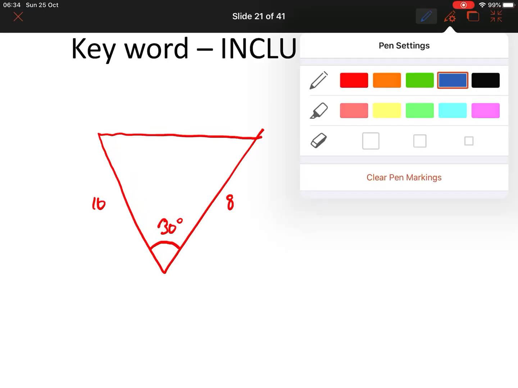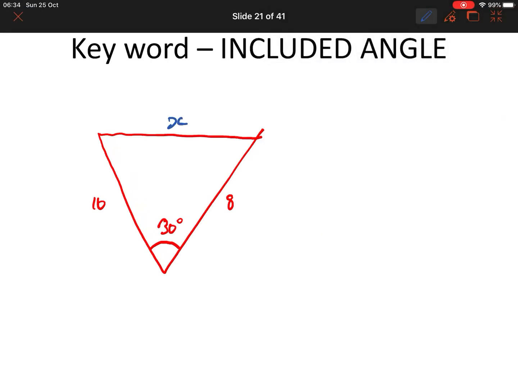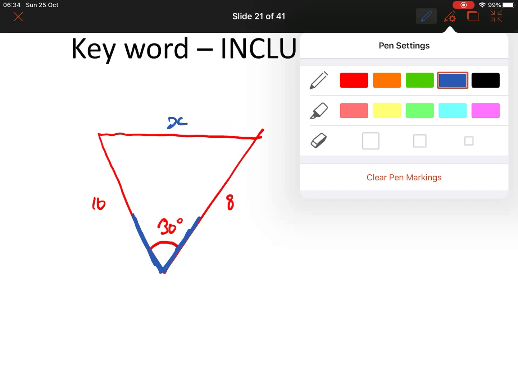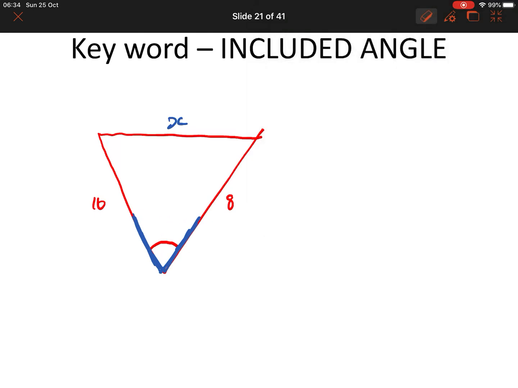Then that will help me find out this length x here, because 30 is the included angle, i.e. we know the sides that include that angle. If in fact all you knew was this angle, this is not the included angle, so you would not be able to use the cosine rule for this. In fact, you'd have to use the sine rule. So hope you understand what is meant by an included angle.